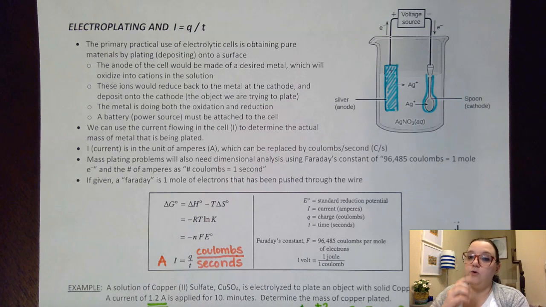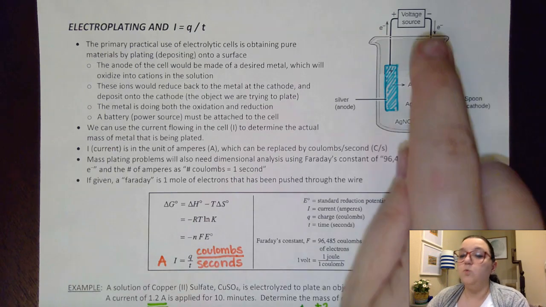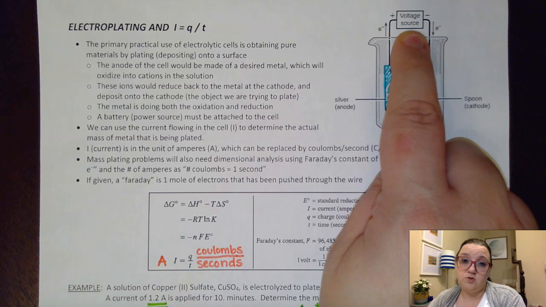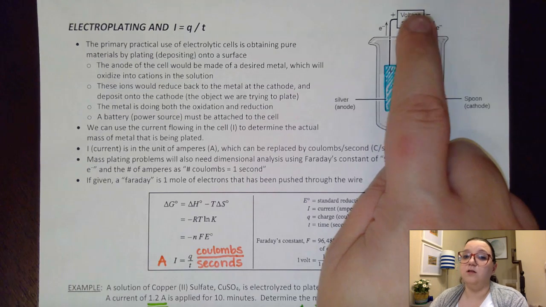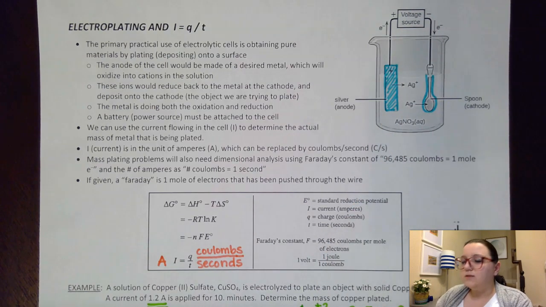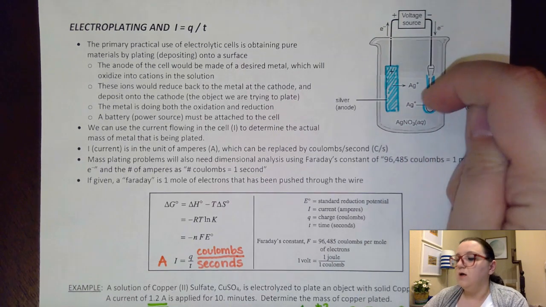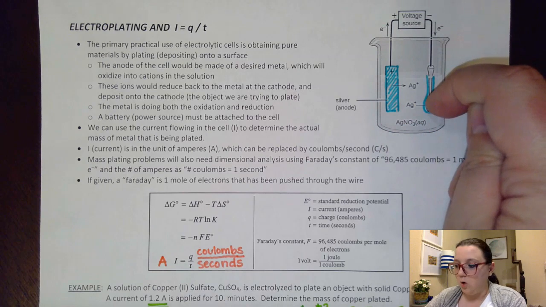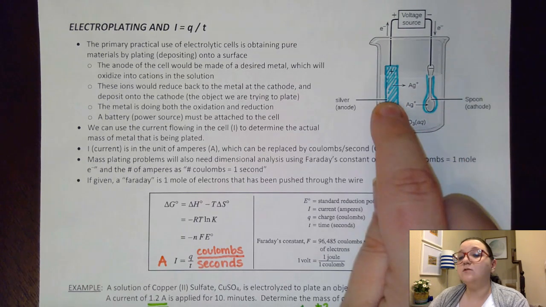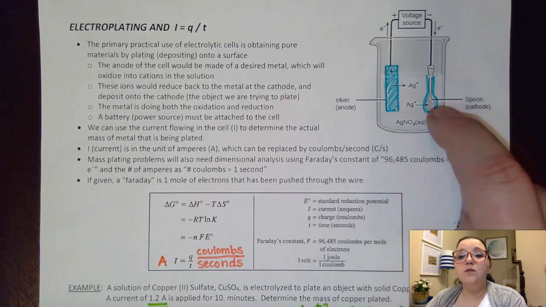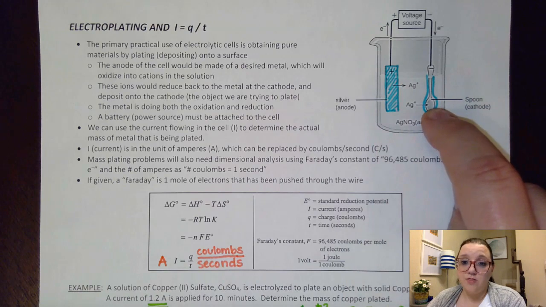Okay. Now, in order to do this, you notice we do have a voltage source, so some sort of power source like a battery. Okay. So this is going to be for an electrolytic cell. What's going to happen in this process is that our voltage source is going to drive the electrons to go from our metal piece, from our anode, to this other object, to our cathode.